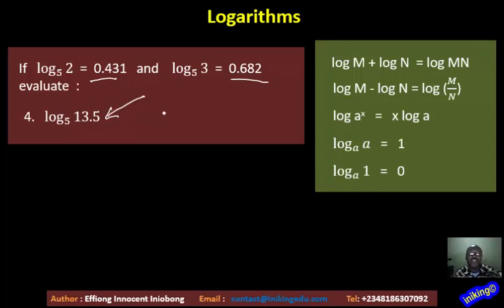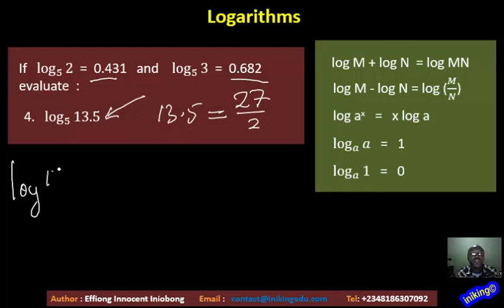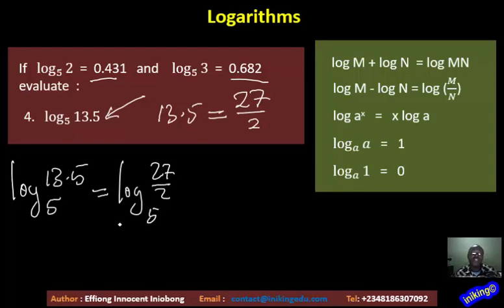The first thing I can see here is that my 13.5 is 13 and a half, which can be written as 27 divided by 2. So I quickly state that out, that log of 13.5 to base 5 is equal to the log of 27 over 2 base 5. I can see 2 is beginning to come out, and I can also see 3 coming out gradually from the 27.